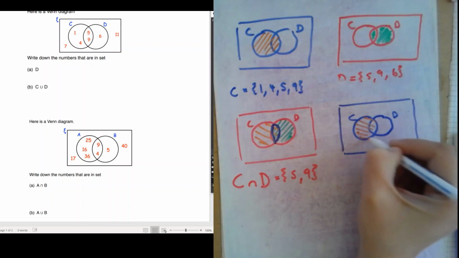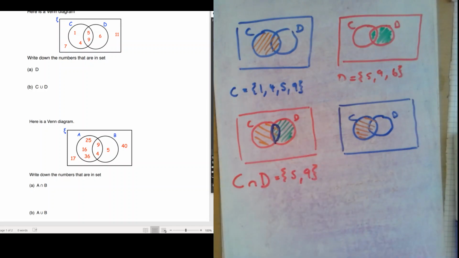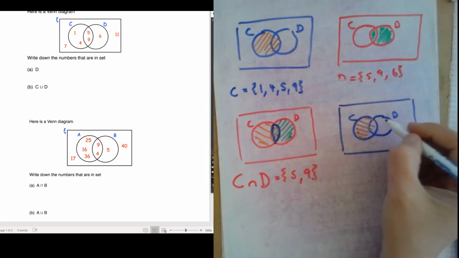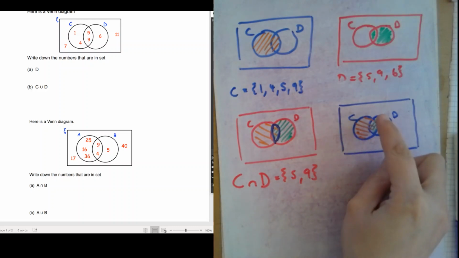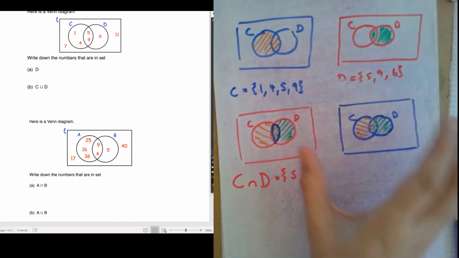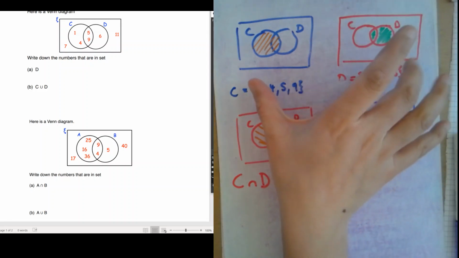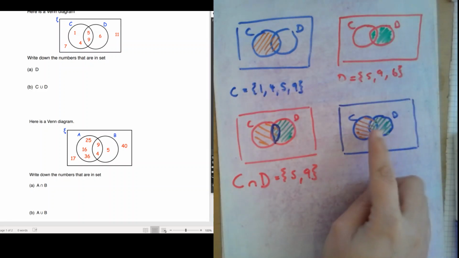Or if you like this kind of method where you're colouring them in, so that's my C and my D, we're saying anything that is coloured in is acceptable, because I'm saying it could be anything from C or it could be anything from D. So essentially all it's saying is we are combining these two together, because that's literally what I'm doing.